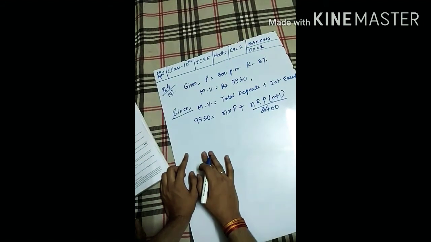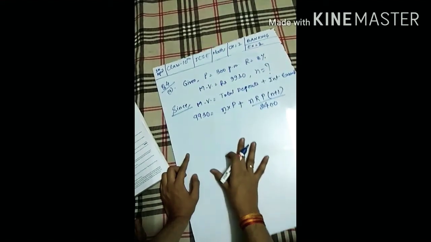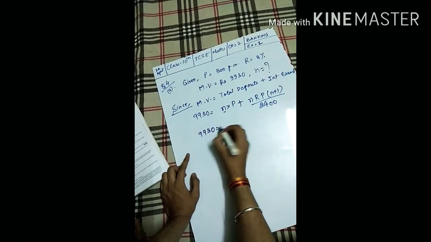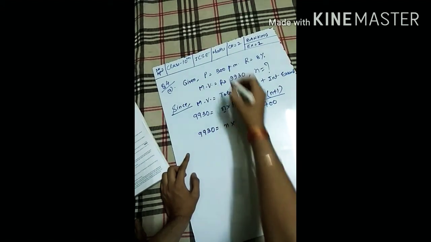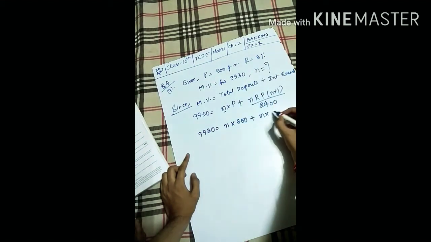We need to find the n here, because we don't know n. Substitute all the values: 9,930 is equal to n into p, that is 300, plus p n(n+1) r upon 2400, where r is 8% and p is 300.